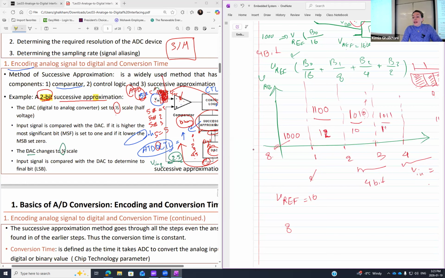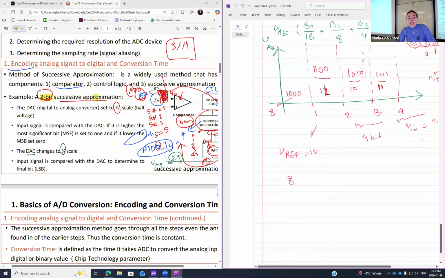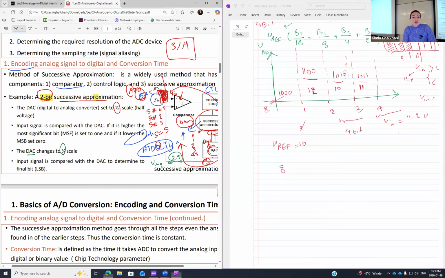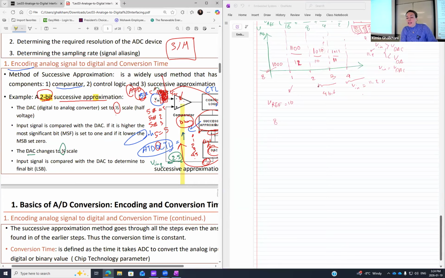Okay, now 11 again is a comparison in here. This guy is doing the job for me. It's comparing, as I said. Now 11 is compared with V in, which is 11.2. Still, V in is greater. Therefore, I have to go through another process, right?